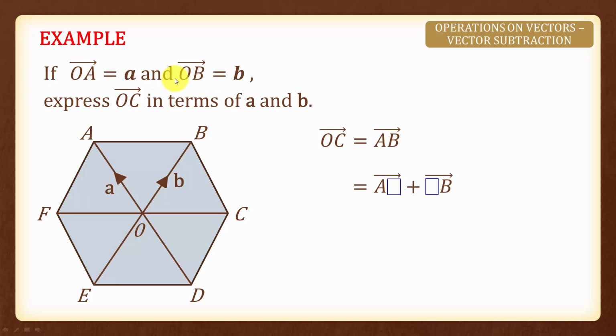Since vector OA and vector OB are given, we will use the letter O. And vector AO plus vector OB will be equal to, vector AO is equal to negative vector OA. And hence we will have negative vector OA plus vector OB, which will give us negative A plus B.